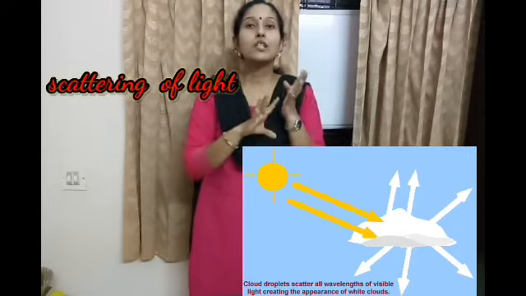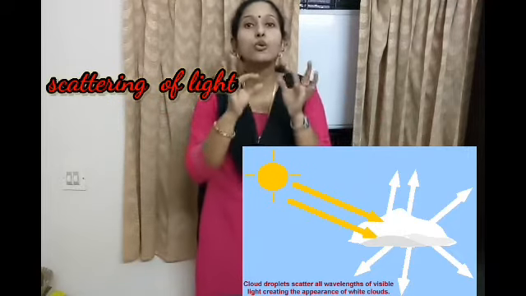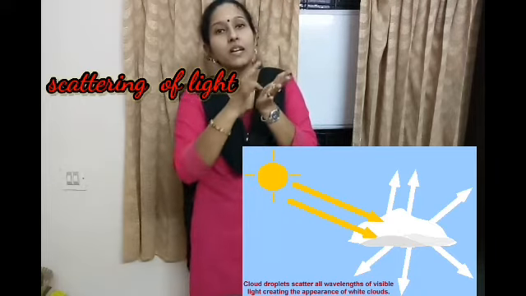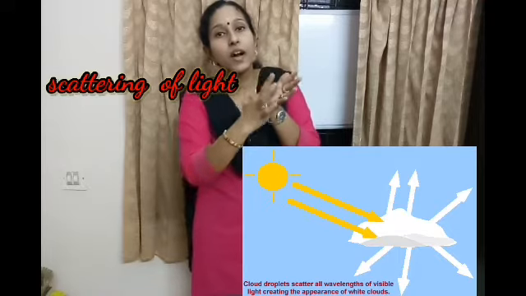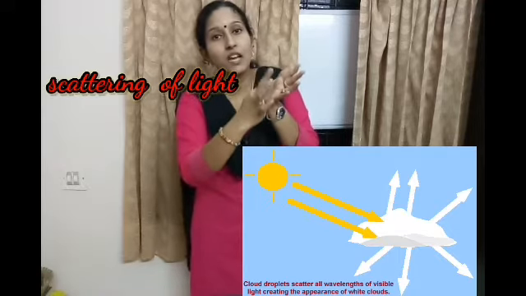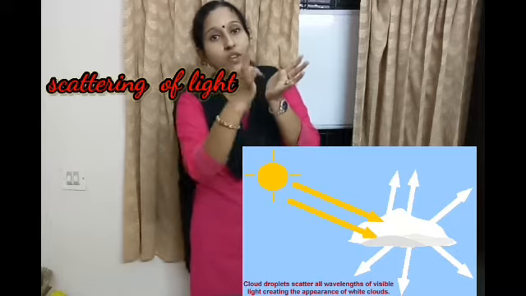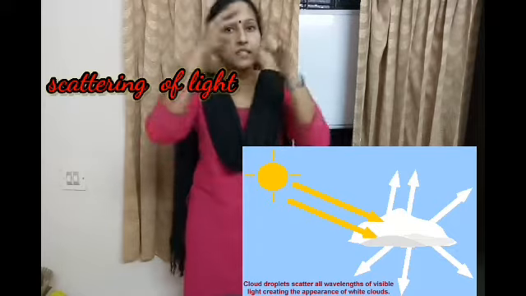Right? And the solution particles are too small. Due to the small size of the solution particles, they do not provide a space or surface for the light to strike. The light should strike there, then only it scatters.